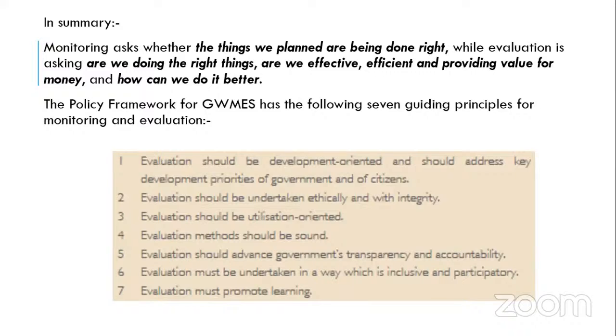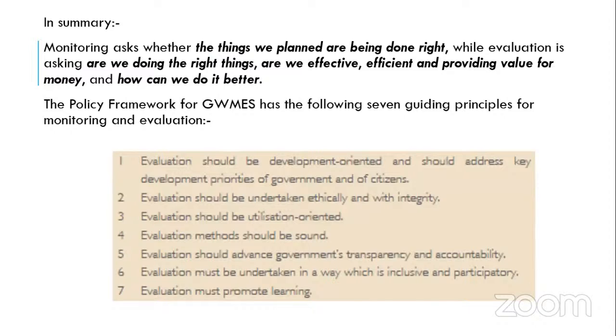The policy framework for the government-wide monitoring and evaluation system has the following 7 guiding principles for monitoring and evaluation. Firstly, that evaluation should be development-orientated and should address key development priorities of government and of its citizens. Secondly, evaluation should be undertaken ethically and with integrity. That's important. Thirdly, the evaluation should be utilization-orientated.